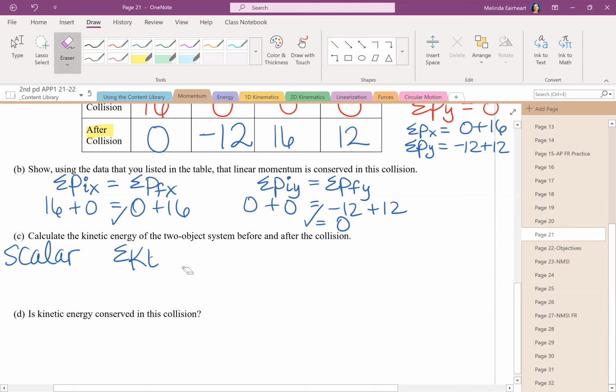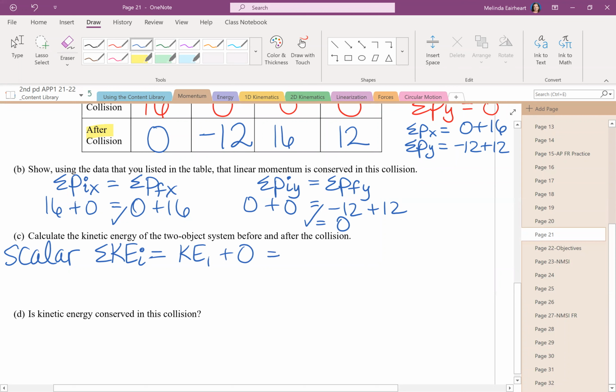So, well, oh, hold on. We don't know if it's conserved. They're telling us before and after. We'll see if it's conserved, right? We don't know if it's conserved, but the sum of the initial kinetic energy will be the kinetic energy of the first ball. The second ball had none, so if you want to just show that concept, plus 0.